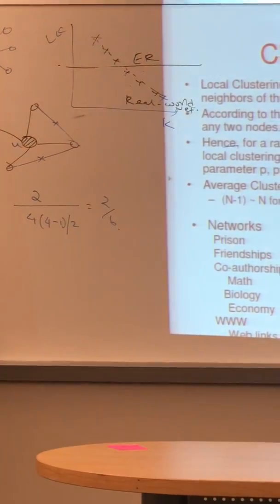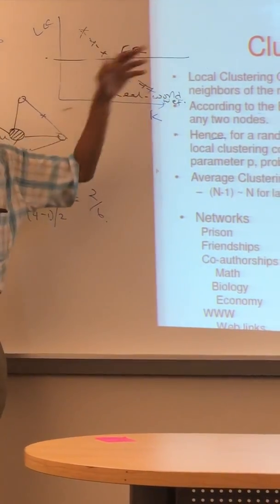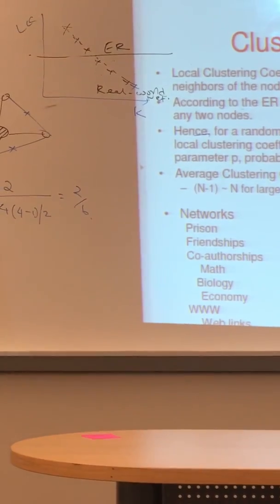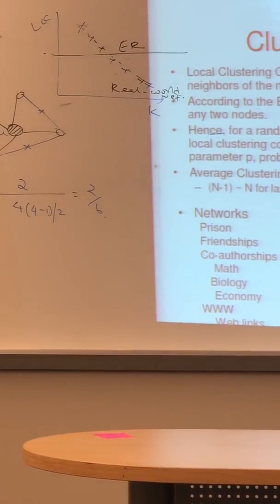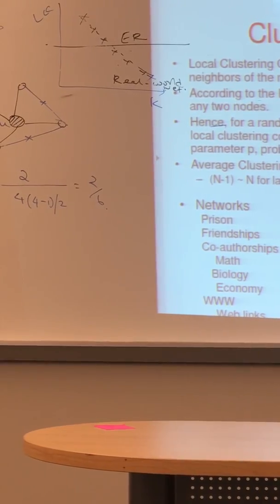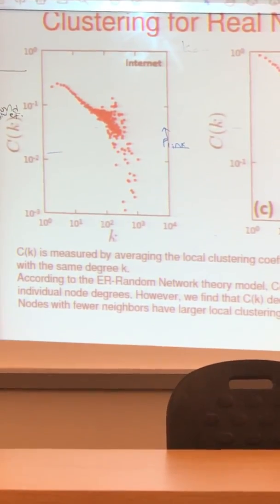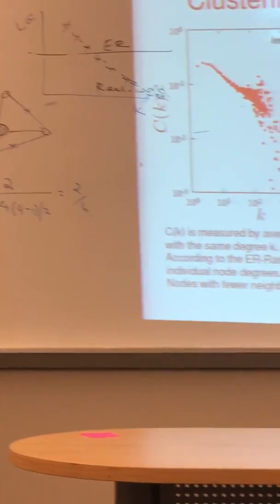It's a flat line, so we're going to find the slope. A flat line will have a slope of what? 0, right? So we'll make use of all these things and find what's called the randomness index. Next class we'll do this. From real world data you see the decreasing trend, so that's for real world networks.